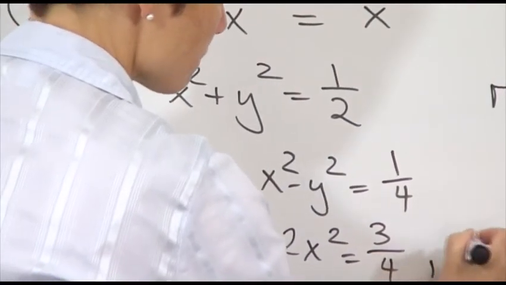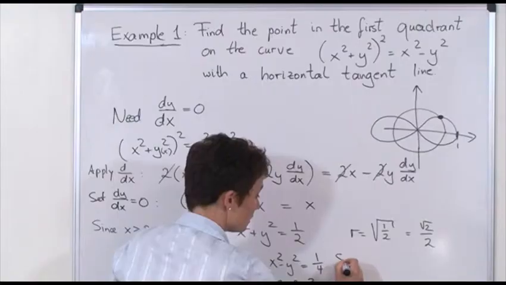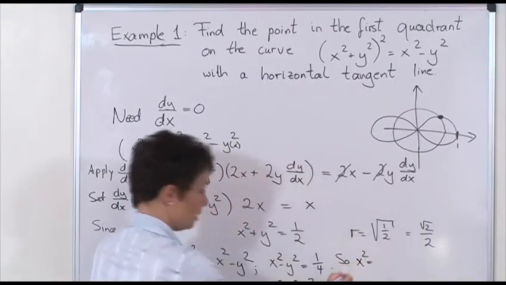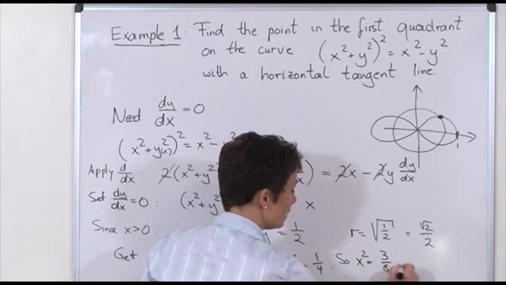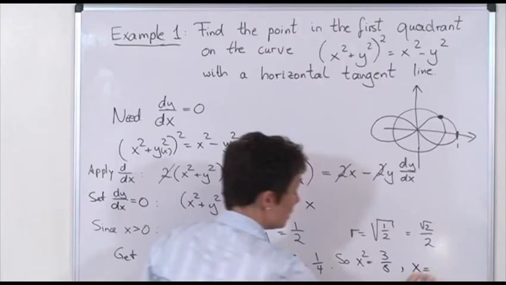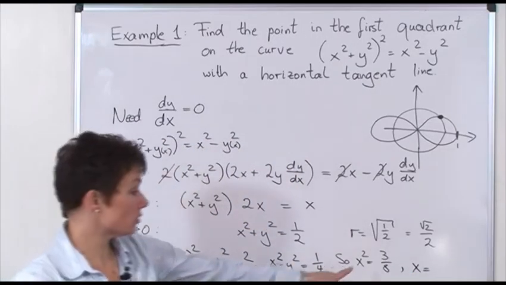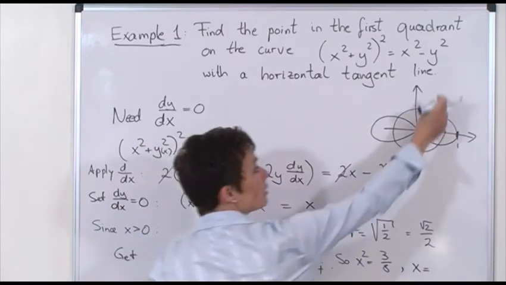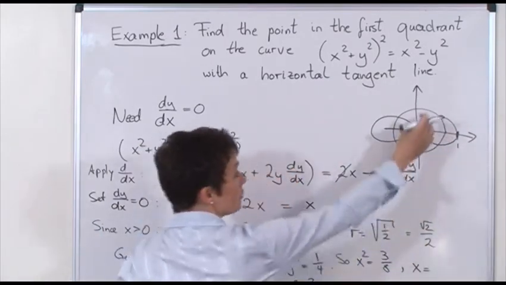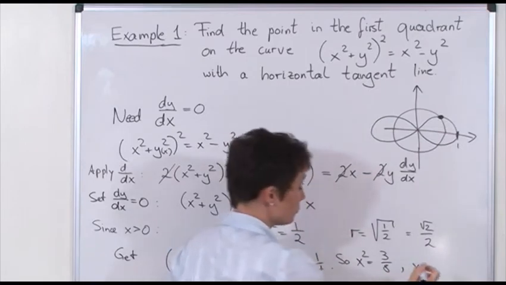So we have that x squared is 3/8, and therefore x must be plus or minus the square root of 3/8. But since we are looking for the point in the first quadrant, we are looking for the positive root here.